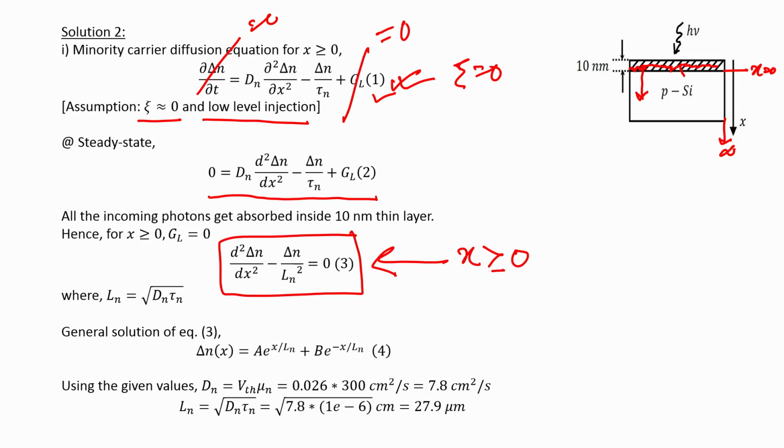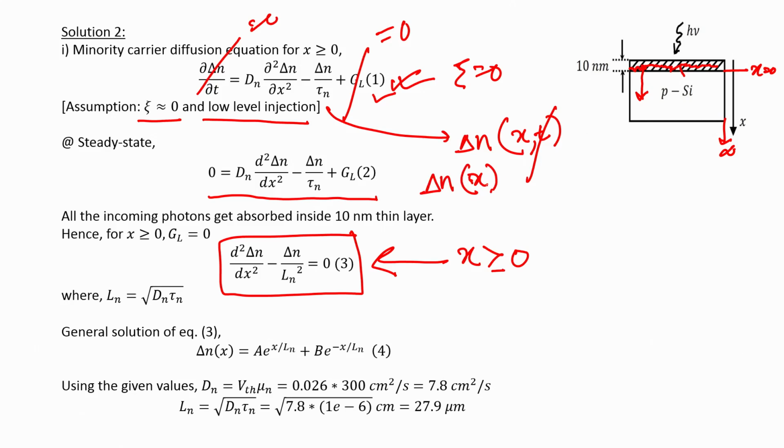So, you probably have noticed one thing, that this del has become now d. So, basically the partial derivative we have converted to the direct derivative, because this del n here in this first equation is a function of x and t, but as we are talking about now steady state, there is no variation of time, hence we are considering now del n as a function of space only.